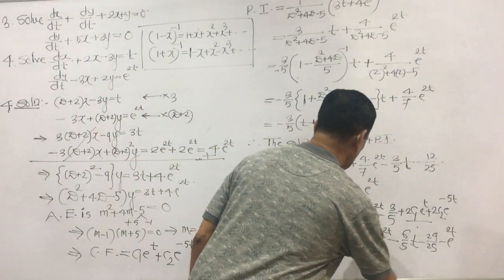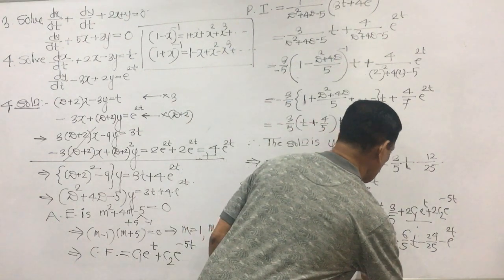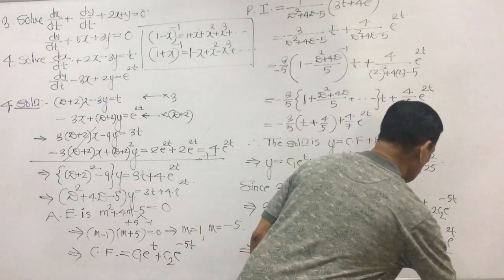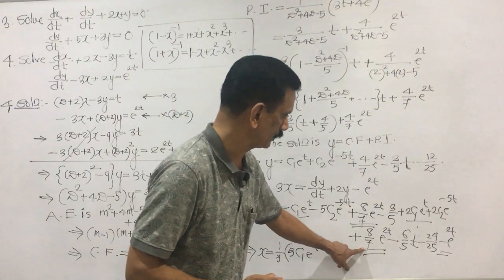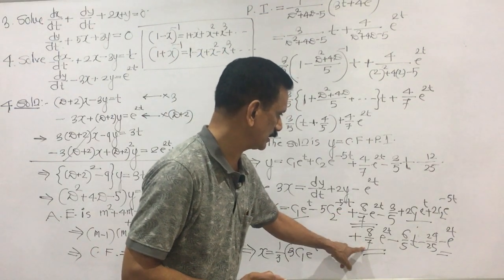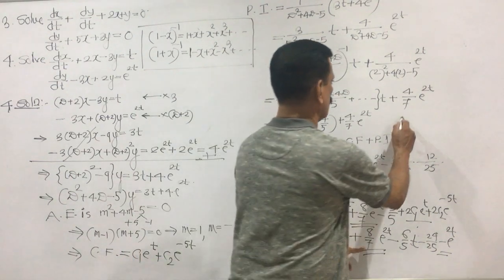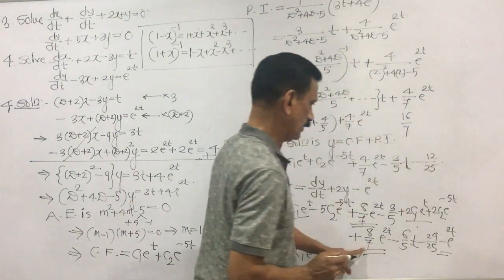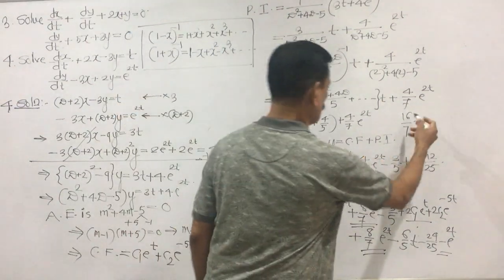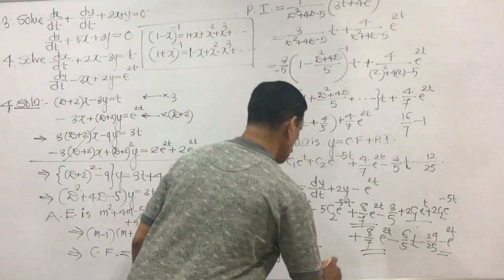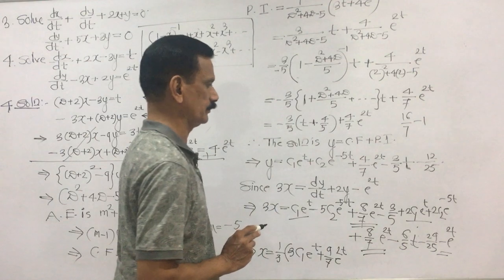This is the next term, e raised to 2t, and this is the third term, e raised to 2t. These two sum to 16 by 7, and the other is minus 1, so 7 ones means you are getting 9 by 7 e raised to 2t.